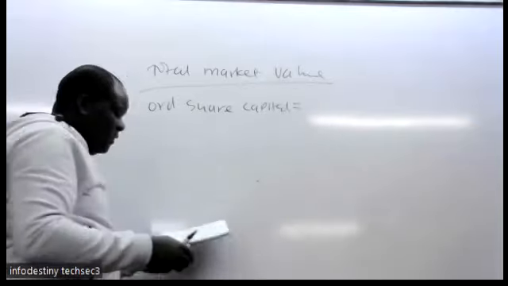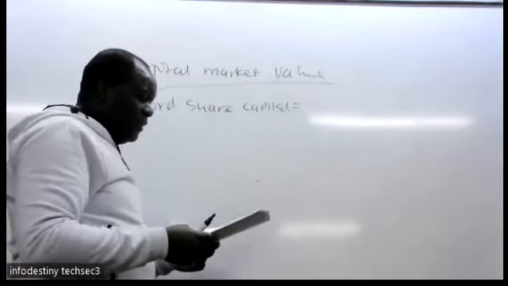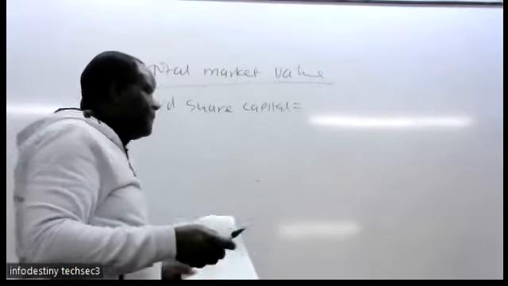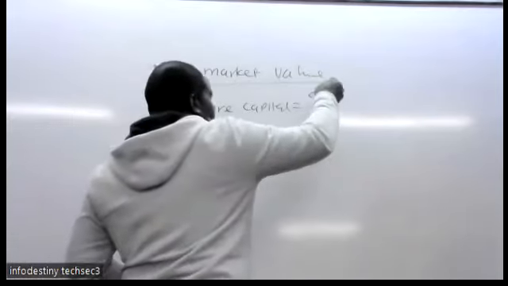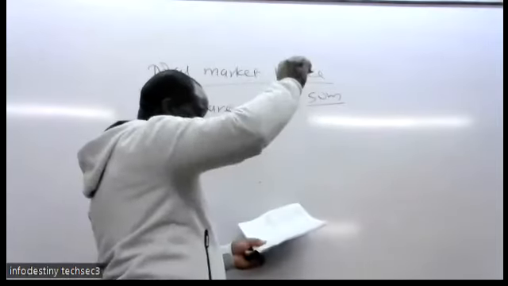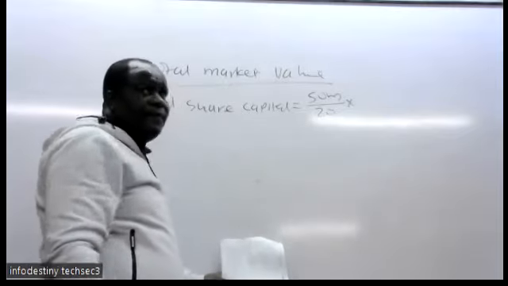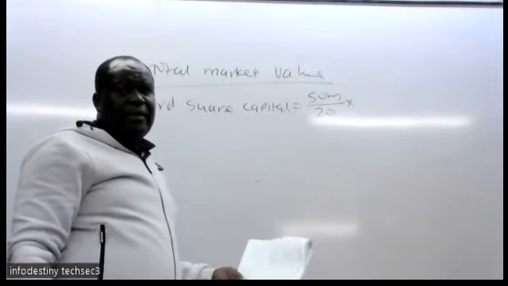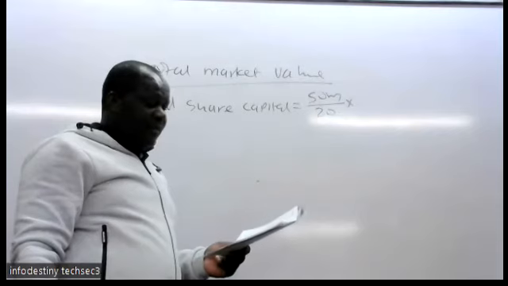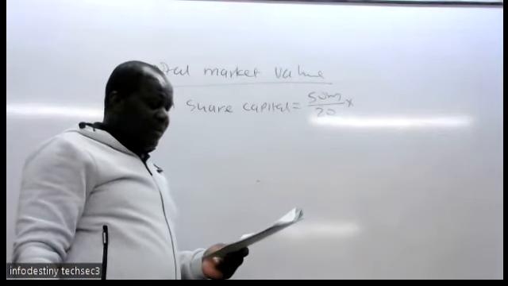So the ordinary share capital is simply 50 million divided by the par value, which is 20, multiplied by the ex dividend market price.